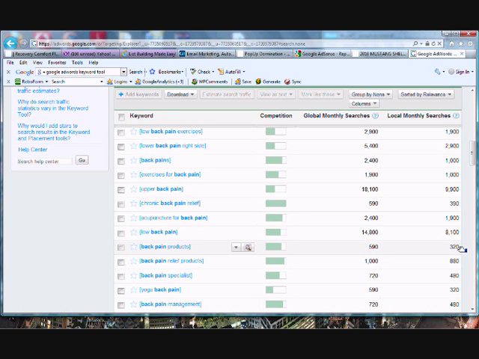Even though it's such a small search volume, the chances that we would make some sales off of that are quite high, because we are selling a product to people who are going to be searching using this as their keyword term. That's the whole point here. You've got to think as the buyer would think, as the person suffering from the back pain would think.